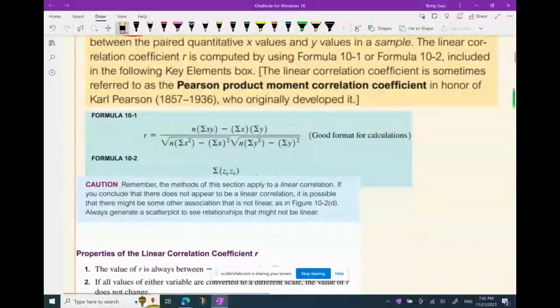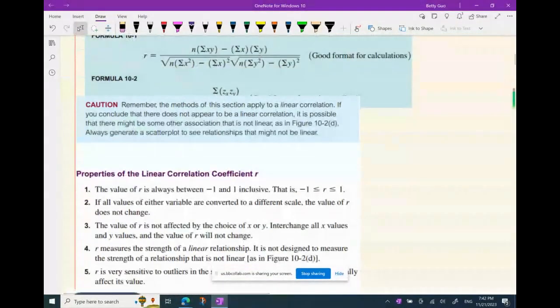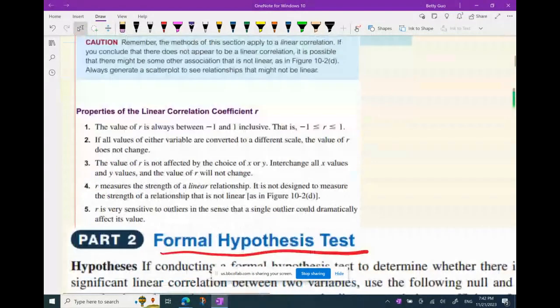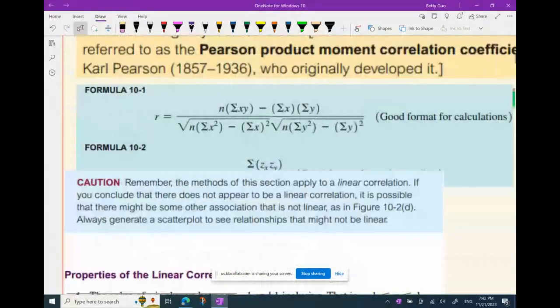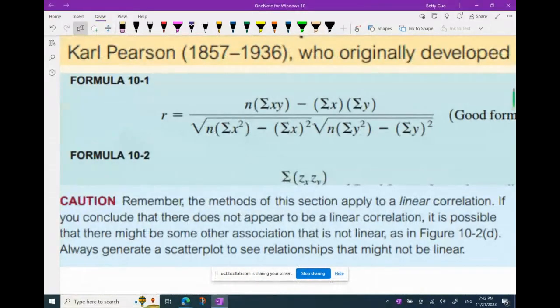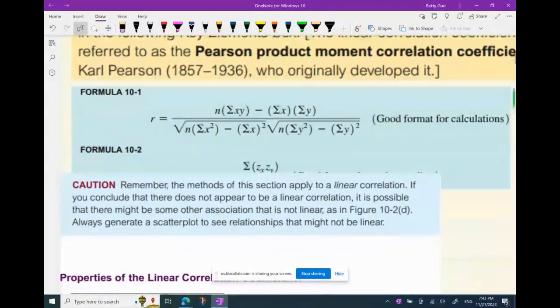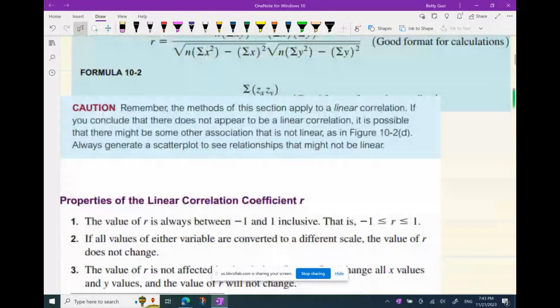R has the following properties. As you can see from the formula, R has no unit. It doesn't matter what the unit of X is, it doesn't matter what the unit of Y is. R is a value without unit.